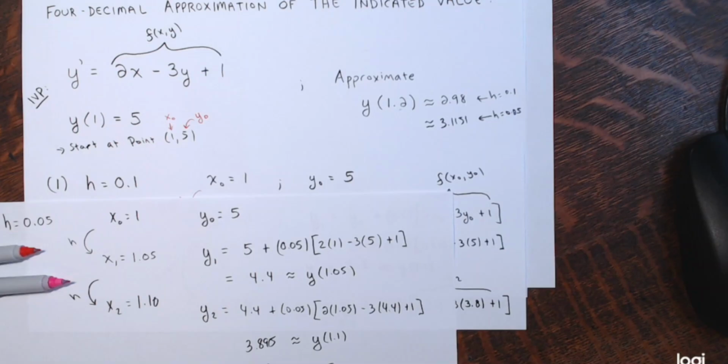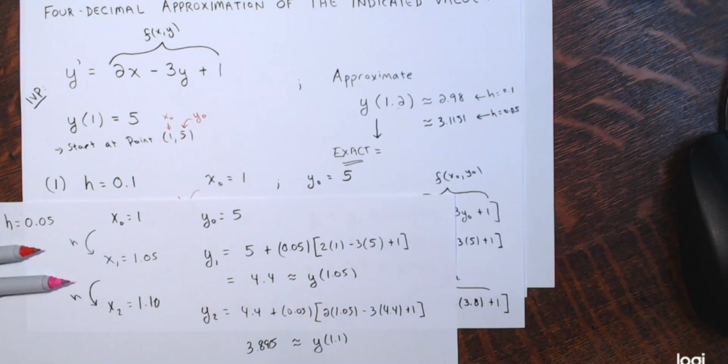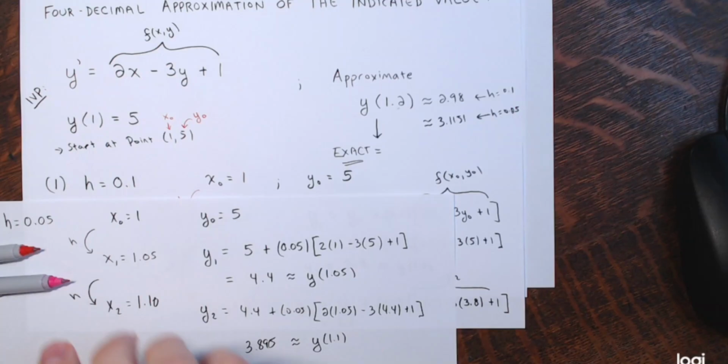Let's find the exact value of y at 1.2. Now, I'm hoping you know how to. This is a linear first-order non-homogeneous equation, and I'm hoping that you know how to solve this. I'm assuming you do. I've gone over videos in the past where we solve linear non-homogeneous equations, and here is the solution.